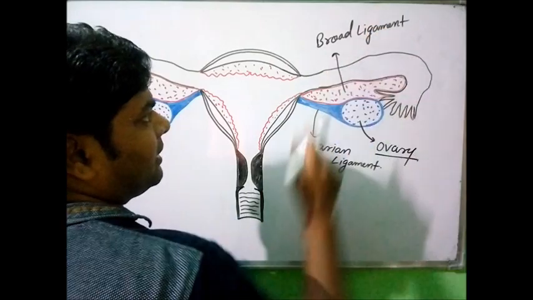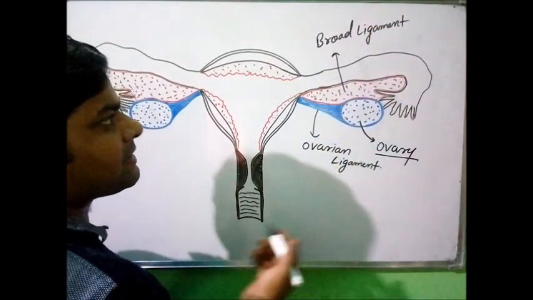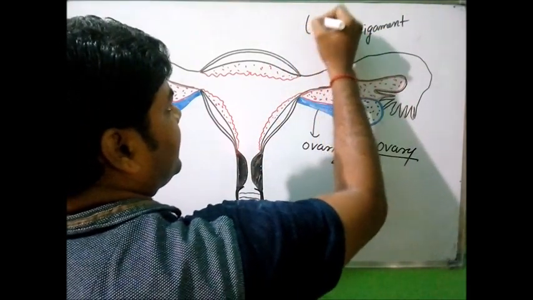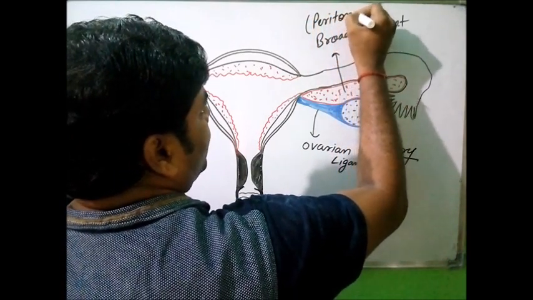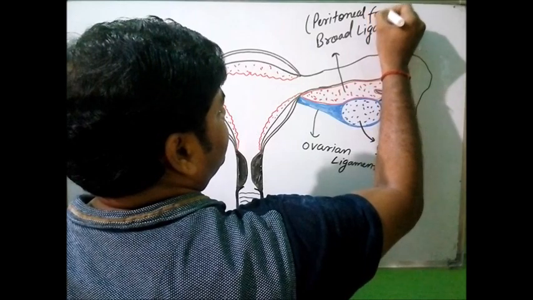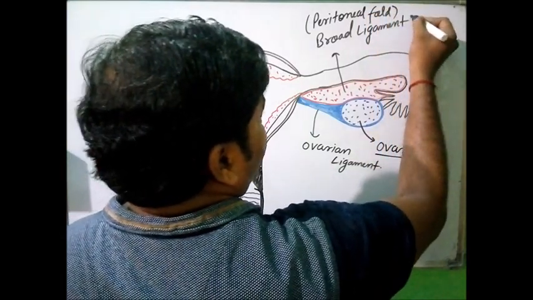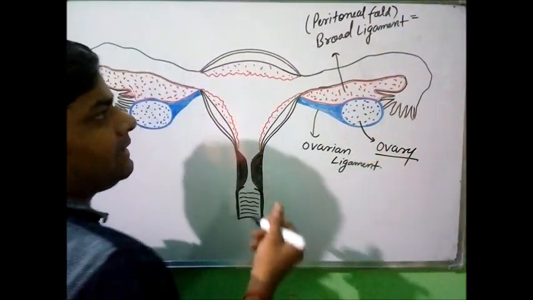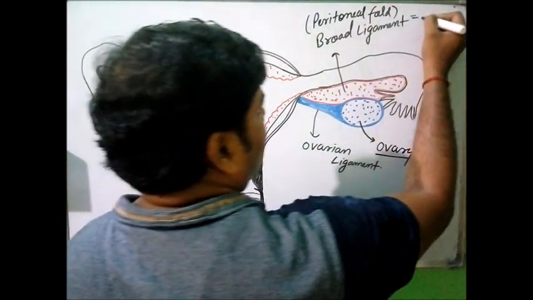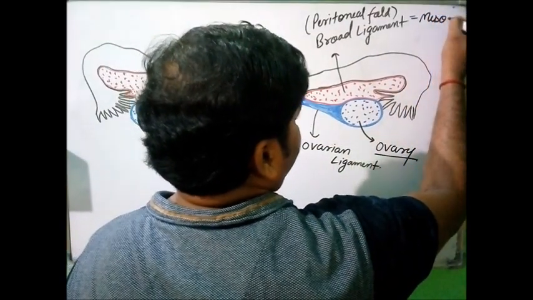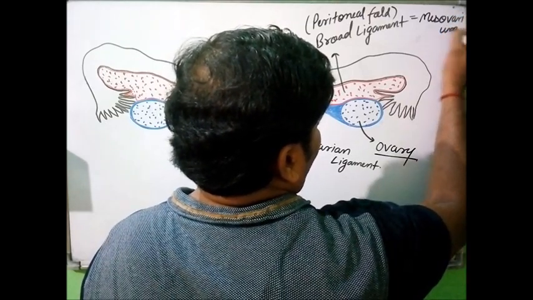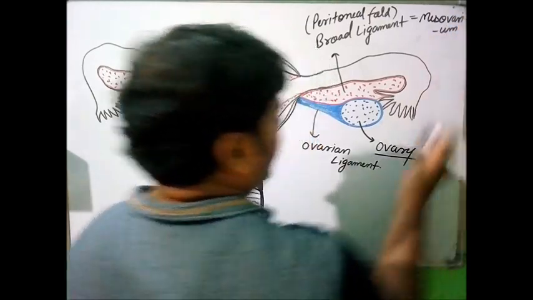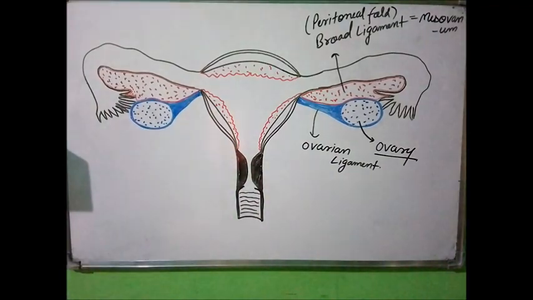This is called the broad ligament, and since it is nothing but a type of peritoneal fold, this peritoneal fold is homologous to the mesothelium, which is found in other vertebrates to connect the ovary.